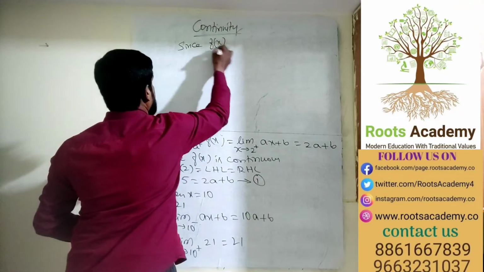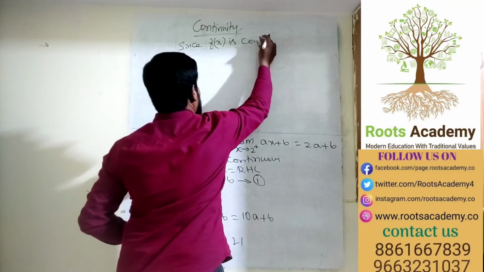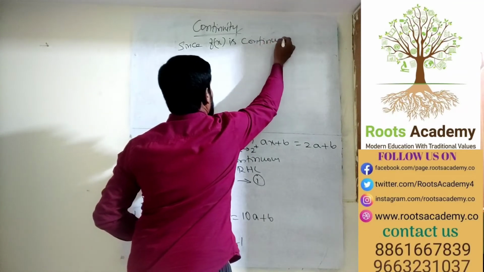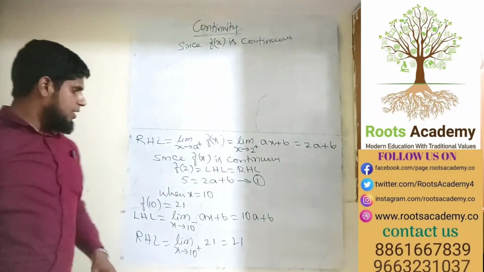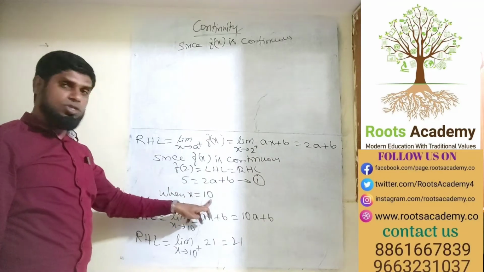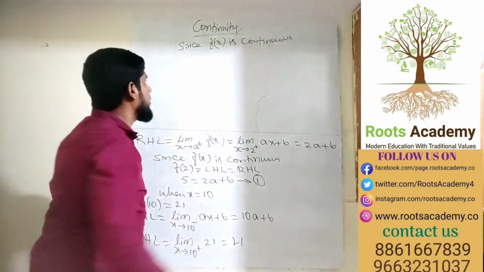Since f of x is continuous, he declared that f of x is continuous at x is equal to 2 as well as x is equal to 10. So I am taking f of x is continuous at x is equal to 10.